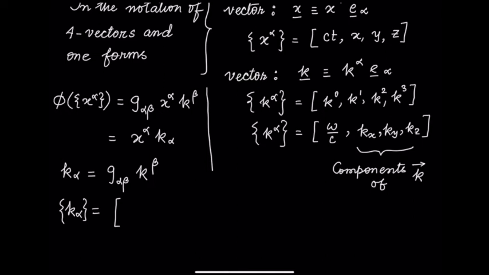So let's say, what if alpha equals 0? If alpha equals 0, I have four options. I have a sum over G00, G01, G02 and G03. Every time I have K0, K1, K2 and K3. But the only thing that will survive is G00, which is 1, because all the other are 0. And if G00 is 1, then this is just K0, and K0 is omega by C.